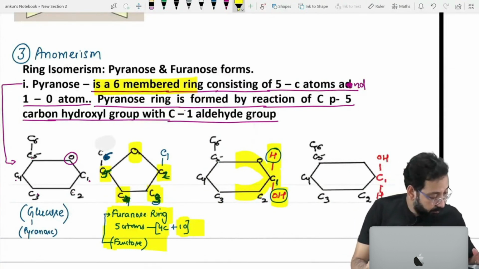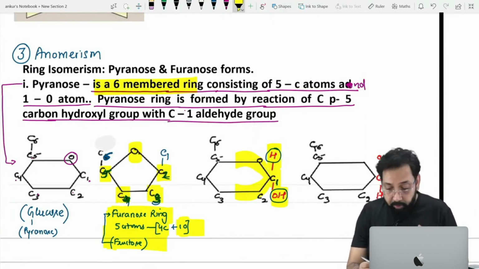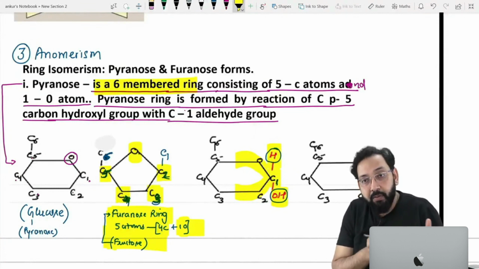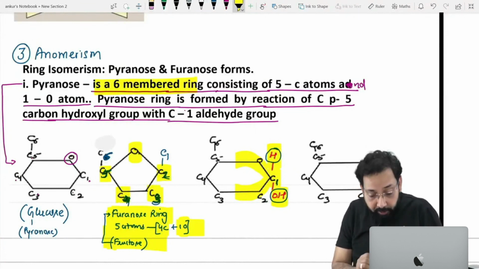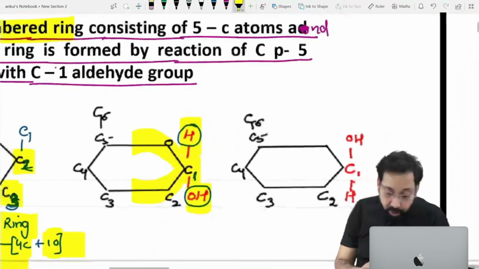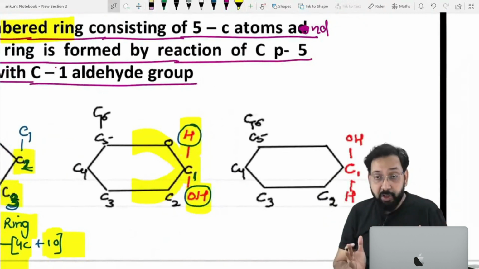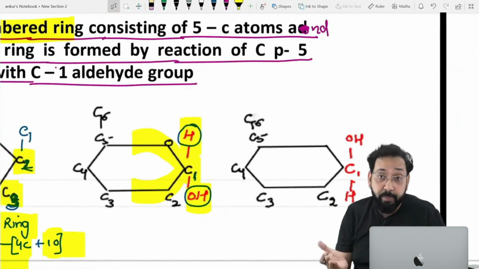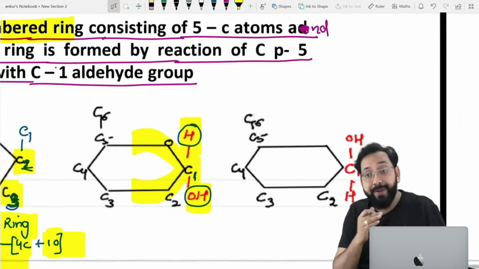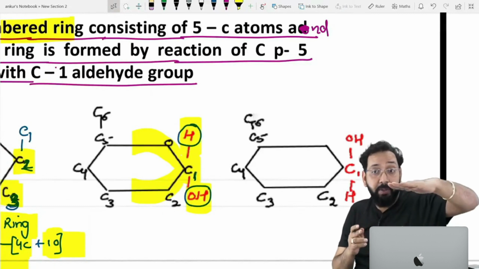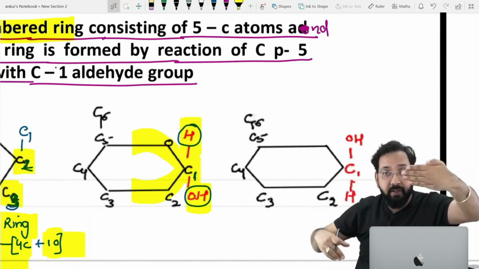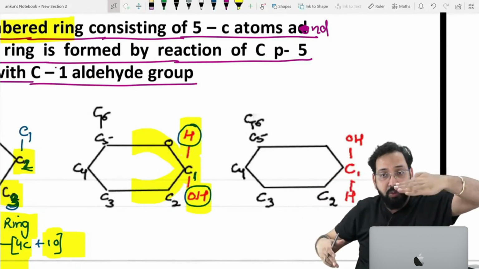Understood? Glucose is mainly pyranose, fructose is mainly furanose. If this is the pyranose ring of glucose, after acquiring the cyclic structure, this C1 becomes asymmetric, and any compound having an asymmetric carbon atom will show optical isomerism and stereoisomerism. Suppose this is the cyclic structure of glucose in a plane.